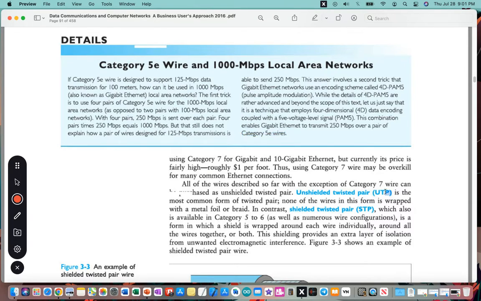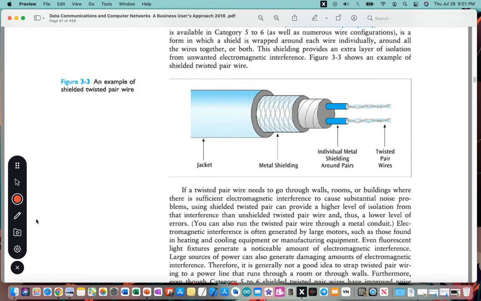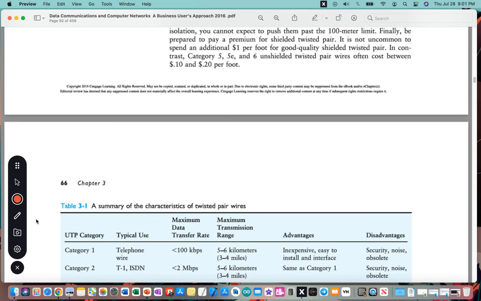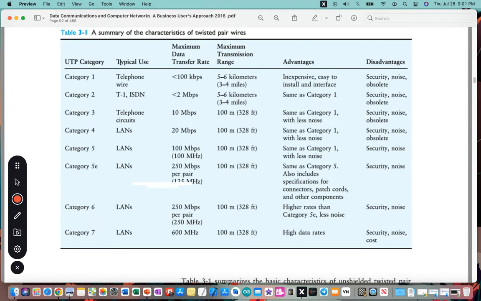And we have the unshielded twisted pair versus the shielded twisted pair. The difference is the shield and the noise. And then we have the summary of the characteristics of twisted pairs. This is the Cat 1, 2, 3, and 4, and they are all obsolete, obsolete, obsolete, and obsolete. Cat 5 is used.